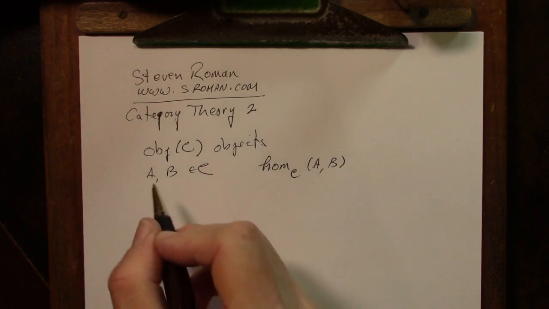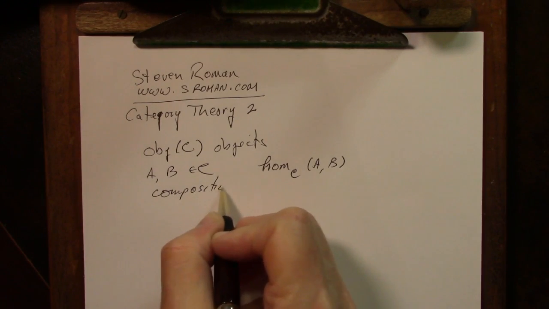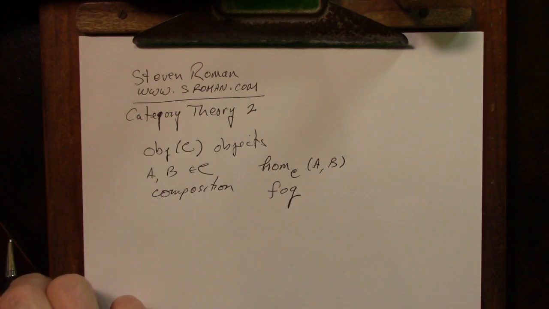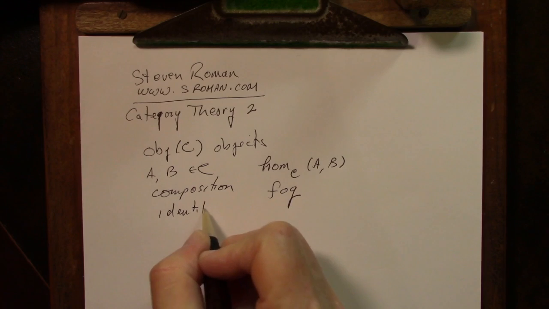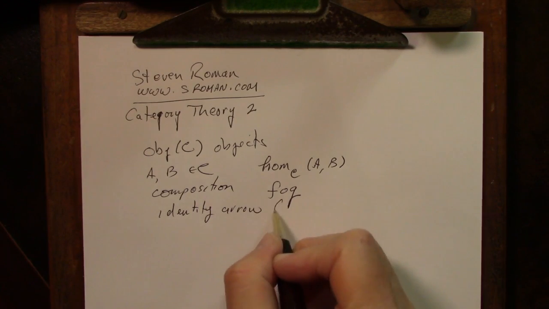A composition exists between morphisms that are compatible for composition, and that composition has to be associative. And also there is an identity arrow for each object.